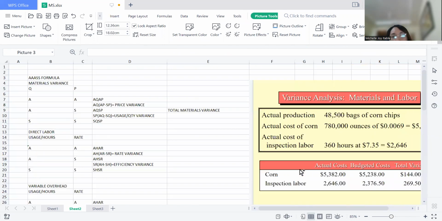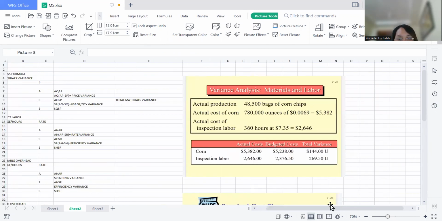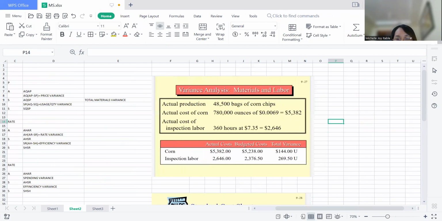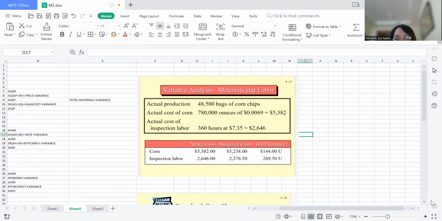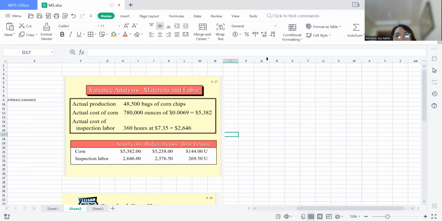Okay, so let's first compute the materials variance. Okay, let's go here. Alright. So we have here the given.